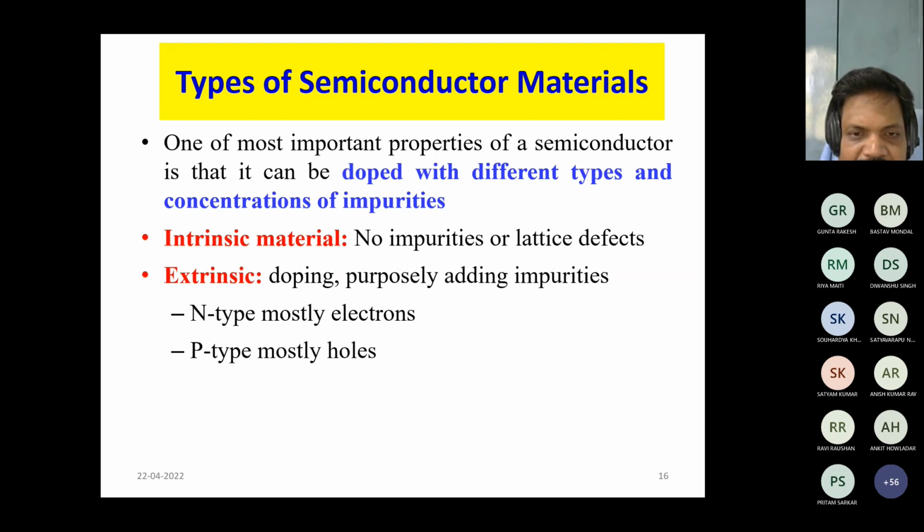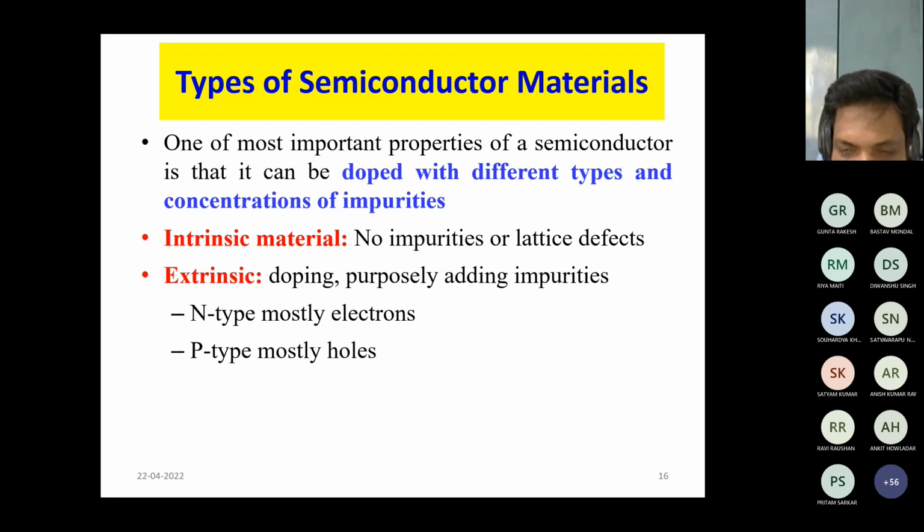And what is an extrinsic semiconductor? An extrinsic semiconductor consists of, in addition to the intrinsic material atoms, some other atoms. Whenever it is formed like this, it is an extrinsic semiconductor.